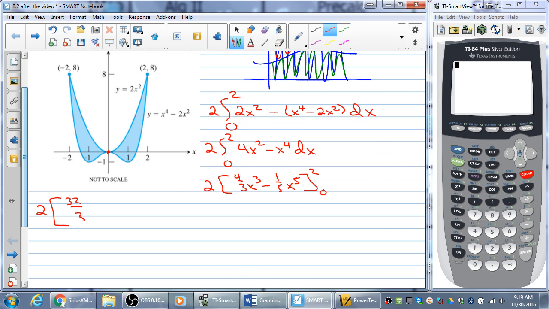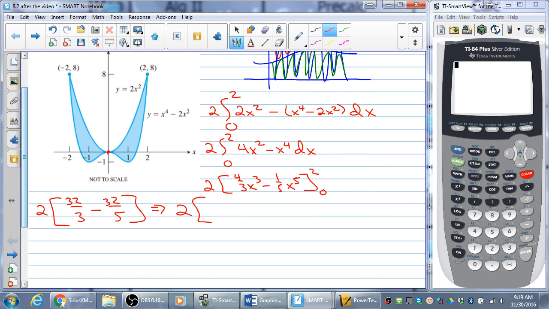So 32/3 minus 2 to the 5th is 32, by coincidence, over 5. And if I minus out, plug in 0, you get 0 on both. Now, be very careful to look and see, do I get 0 when I plug in 0? Yes, we do.